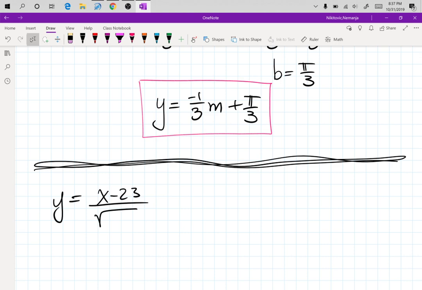It's going to be square root x minus square root of 23, not a square root x. No, two separate square roots. Root x minus root 23.